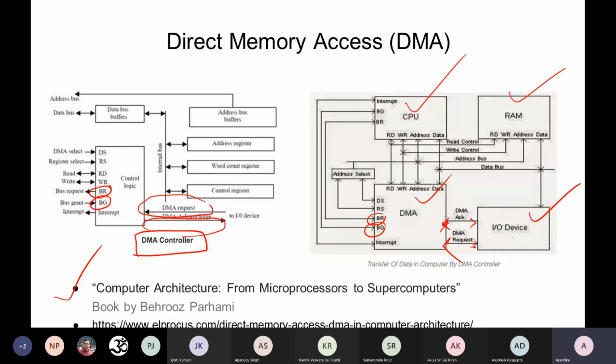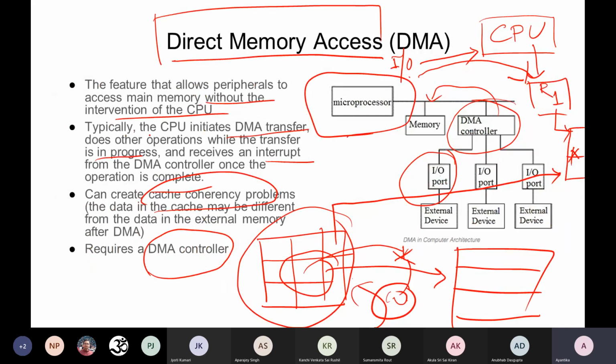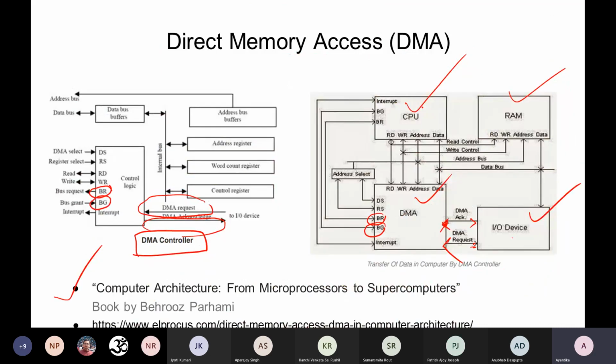When this bus request pin is high, that means DMA is sending a request to CPU that now the bus, you can come back here to this diagram, this bus request, that means now I will directly transfer data from IO device to the memory. So no intervention of CPU is required.